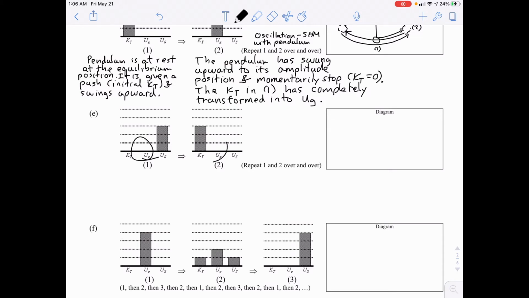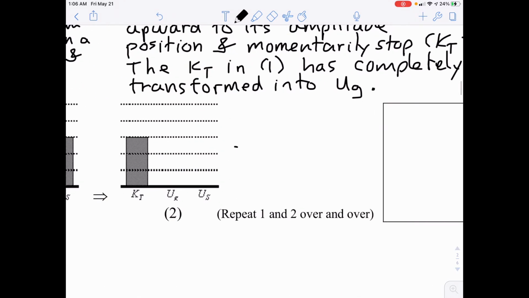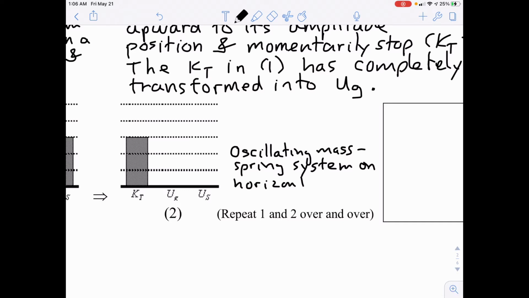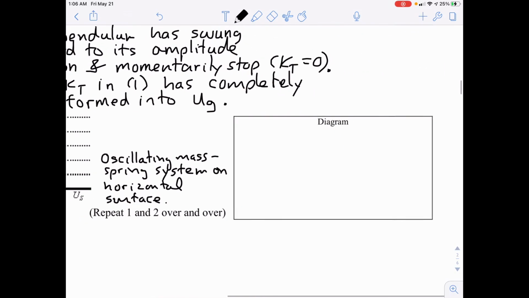Since there really is no gravitational potential energy and no change in it, essentially this must be some sort of oscillating mass spring system on a horizontal surface. So we're looking at a horizontal mass spring oscillator. Again, I'll draw the picture first.